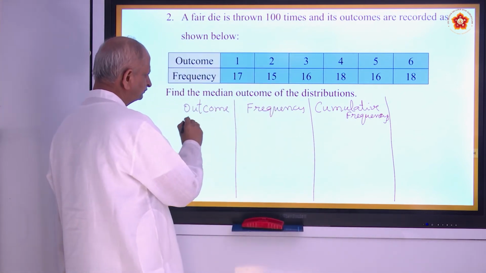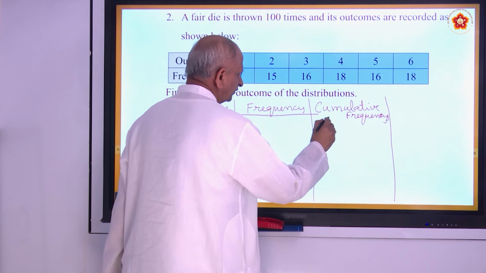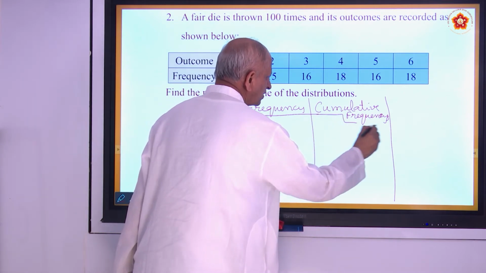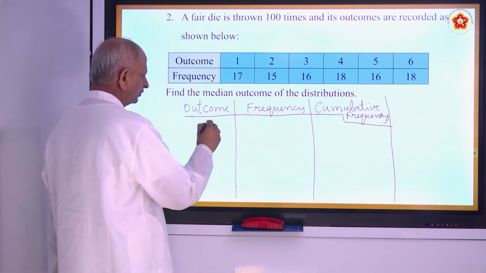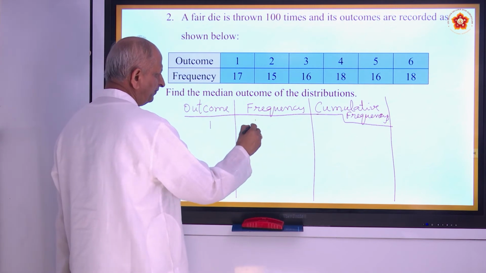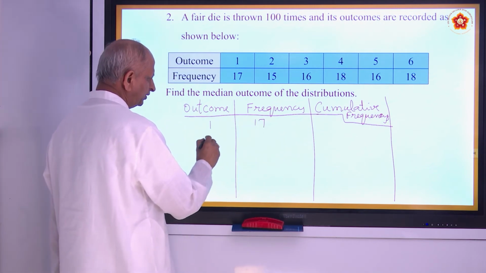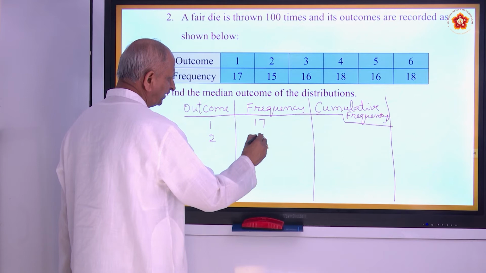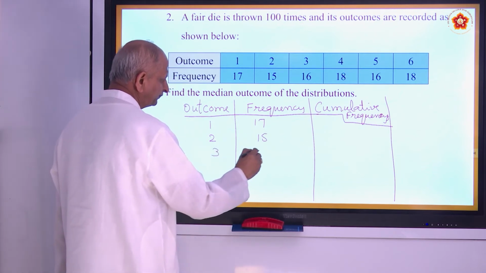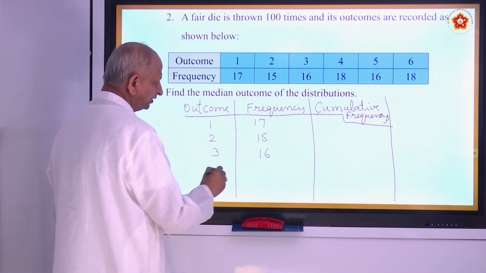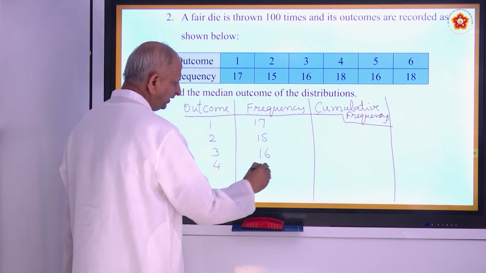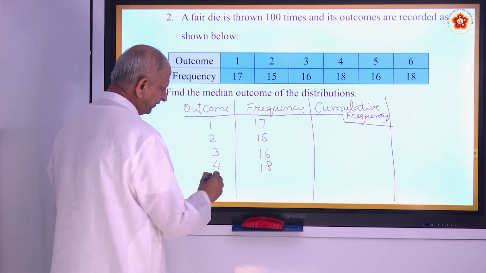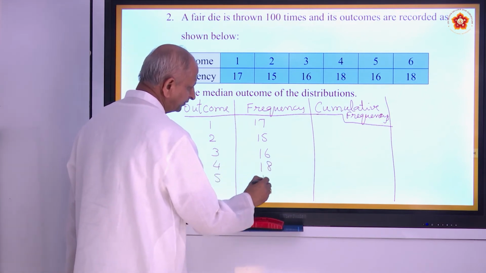First one, you add this to the table. Number 1, how many times does it come? 17 times. Number 2, 15 times. Number 3, 16 times. Number 4, 18 times. Number 5, 16 times.